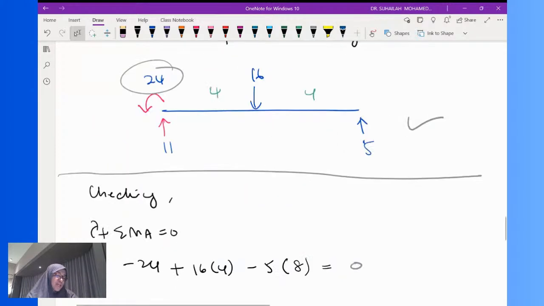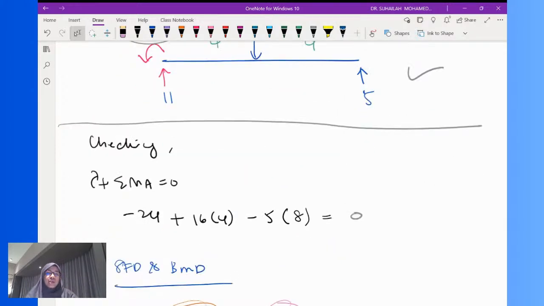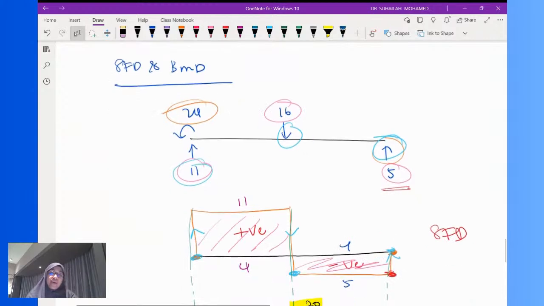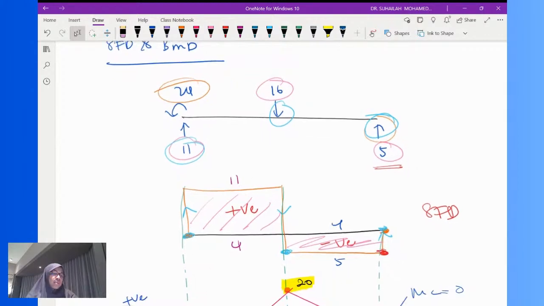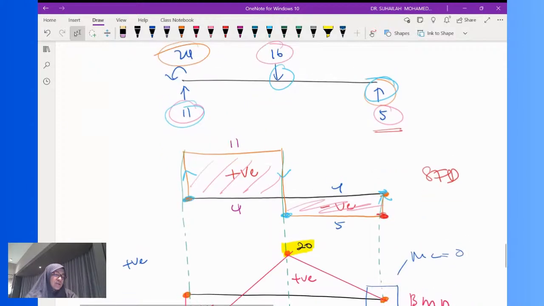Just for checking, to make sure the system is in equilibrium. Once it is in equilibrium, then only we can draw the shear force diagram and bending moment diagram. For the shear value, just look at all the vertical reactions and vertical forces.